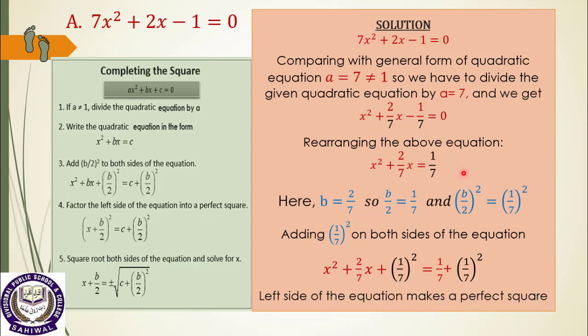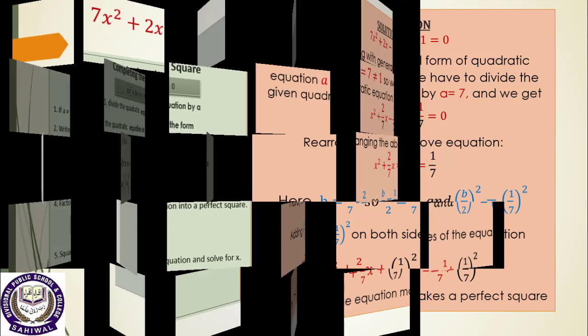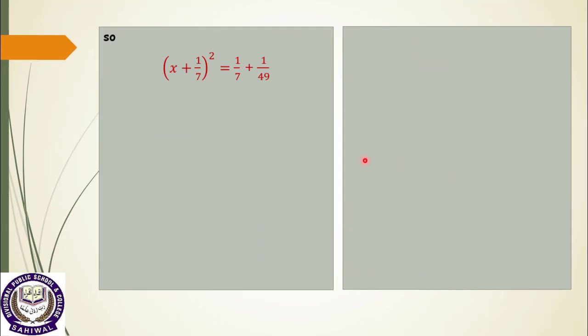As we can see, the left hand side of the equation makes a perfect square. So (x + 1/7)² is equal to 1/7 + 1/49.